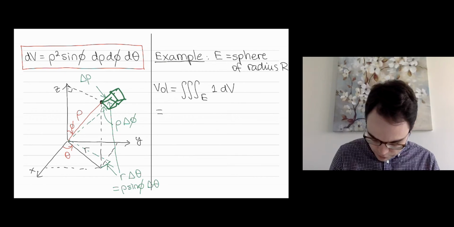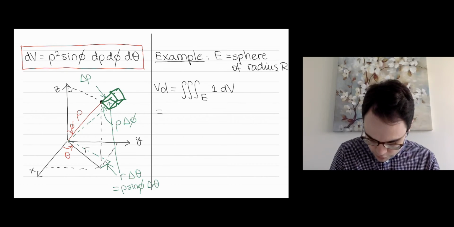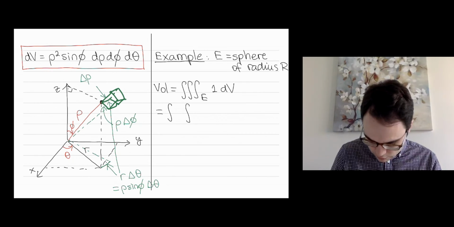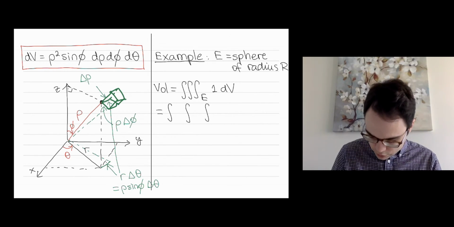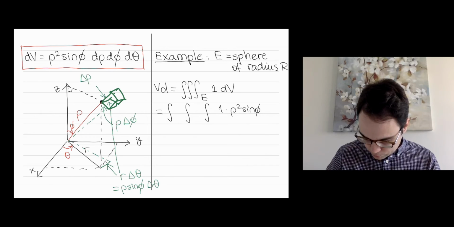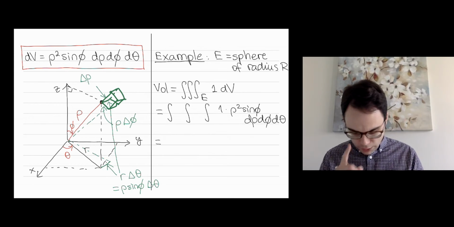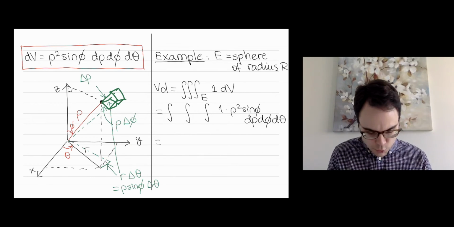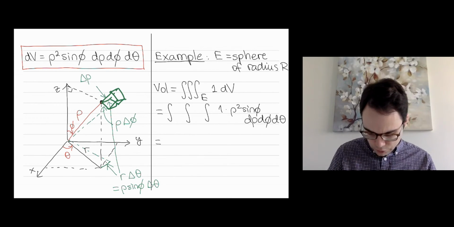So let's set up this integral. We're working over a sphere, so we're going to have 3 single integrals of 1 times rho squared sine phi d rho d phi d theta. Okay, so we need to fill in the bounds for this integral.